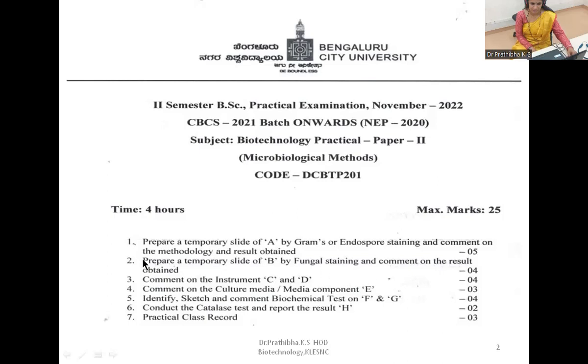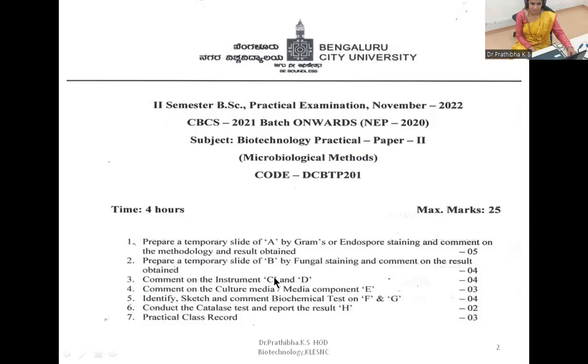Question number 2. Prepare a temporary slide of B by fungal staining and comment on the result obtained. Here you need to perform the fungal stain and comment on whatever fungus you have focused on in the microscope and show to the examiner, and this carries 4 marks.